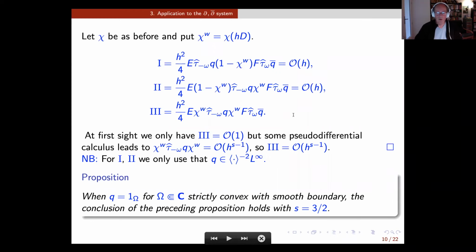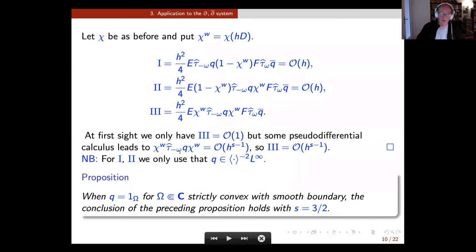And here I will not go into the details. What you do here is that you look at this expression here, sitting in the middle. So a priori, this is only over 1 because E and F are both over 1 over H. But when I look closer at this, what happens here? If Q is smooth enough, here I may make a cutoff near frequency 0. Then I multiply by Q. So if Q is smooth, the frequencies are still mainly concentrated near 0.